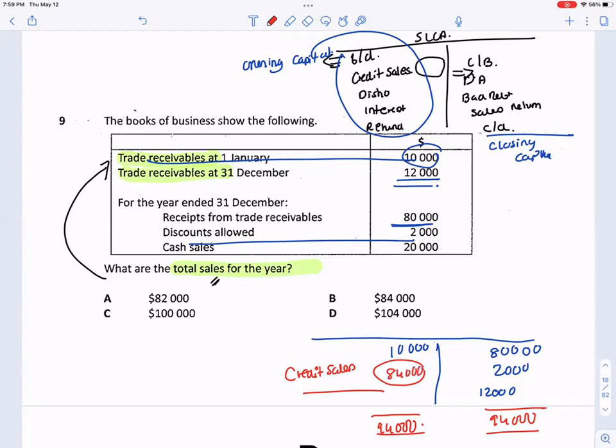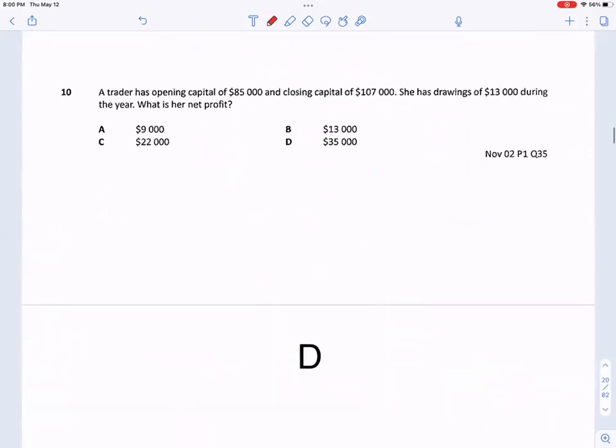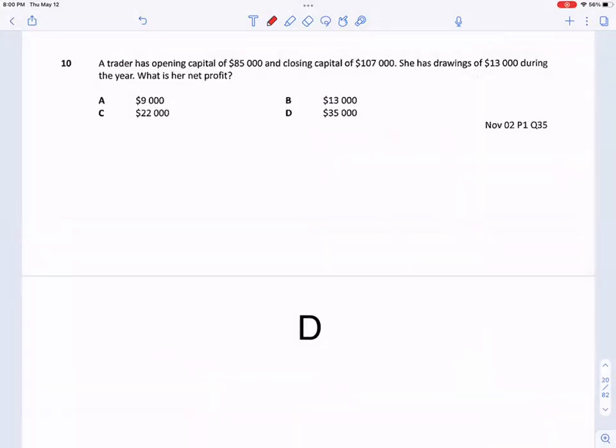How will you get total sales? Credit sales plus cash sales. So that's 104. So it's option D. Correct. Find the net profit for me.